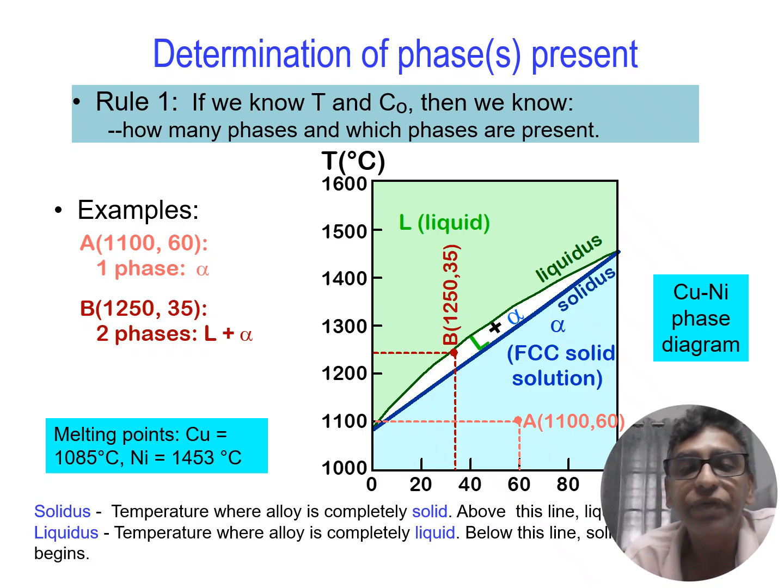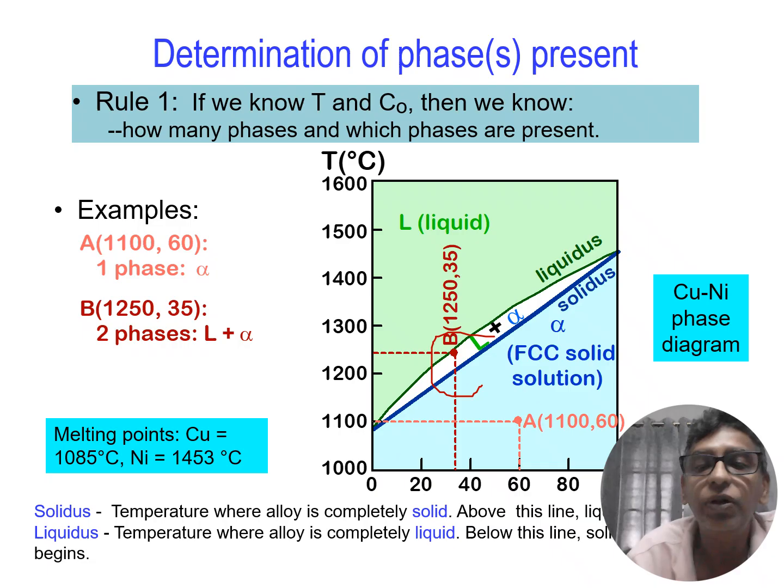Whereas if you refer to point B, we have two phases. The temperature here is 1250 degrees centigrade, at 35 percentage of composition.